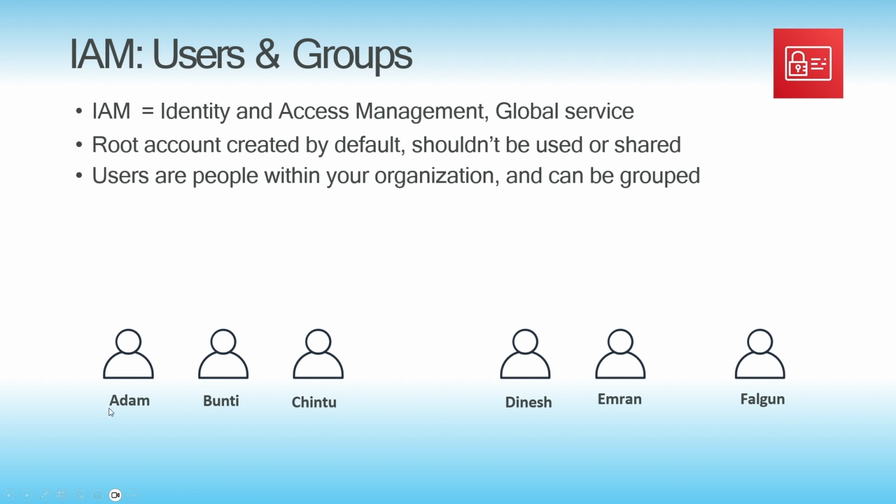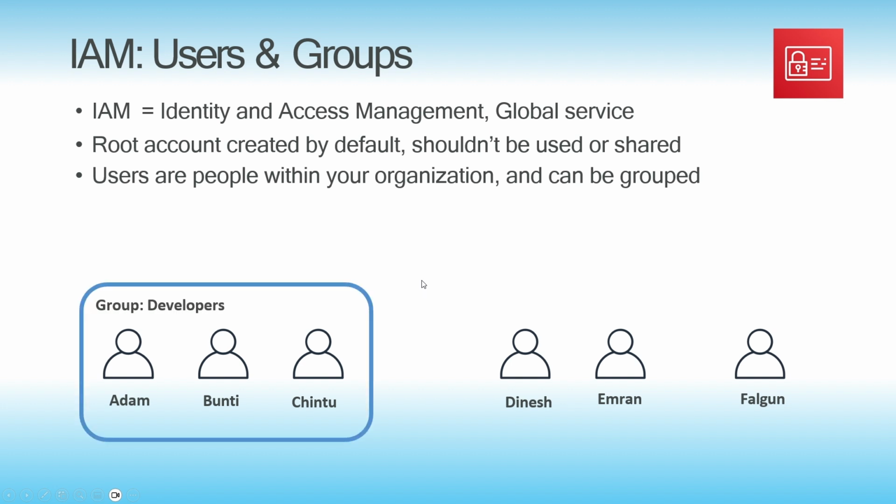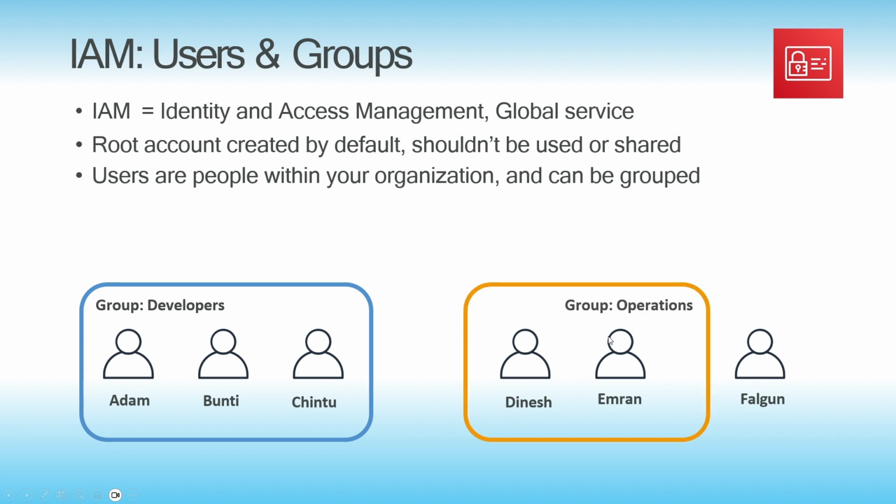Out of that, Adam, Bunty, and Chintu are in a group because they are developers. Same as Dinesh and Imran, who are also in a group because they are doing operation tasks. And here Falgun is not part of any group. He is a separate user.